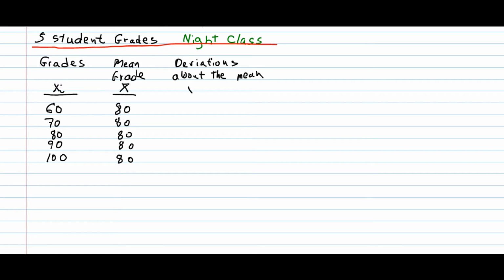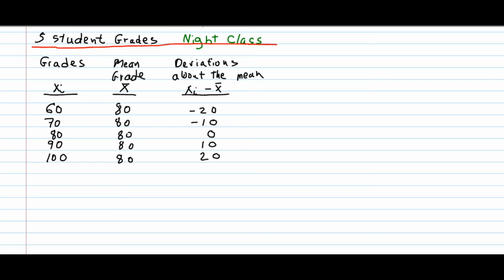That would be the x sub i's, the numbers in the first column, all of the grades, minus x bar, the sample mean. So you have 60 minus 80 would be minus 20. 70 minus 80 would be minus 10. 80 minus 80 is 0. 90 minus 80 is 10. And 100 minus 80 is 20.